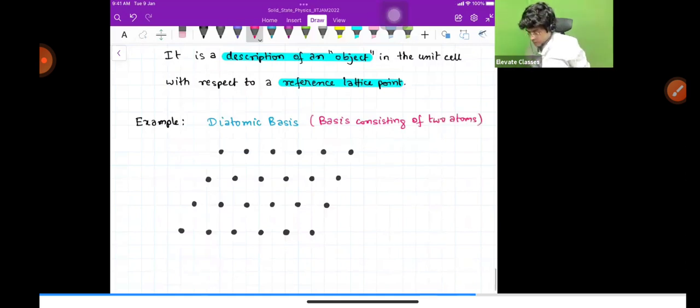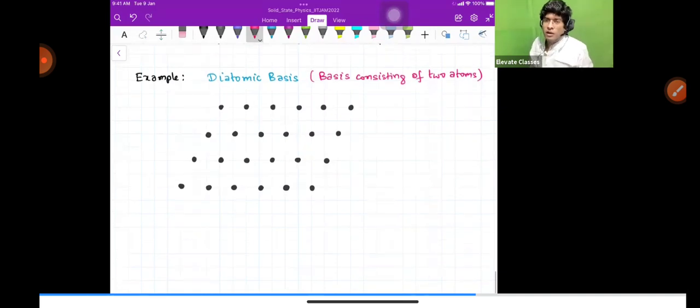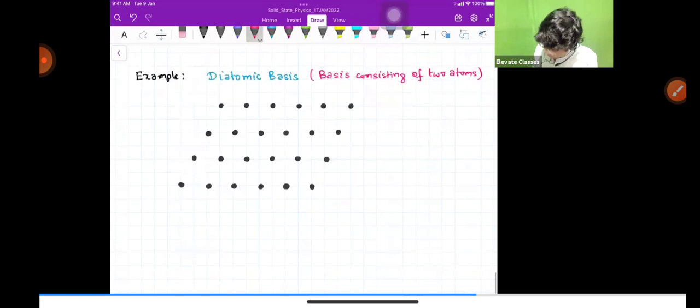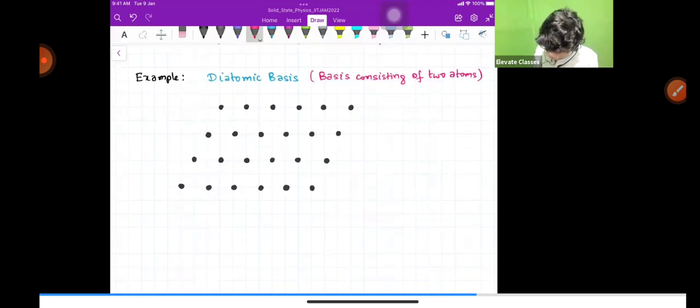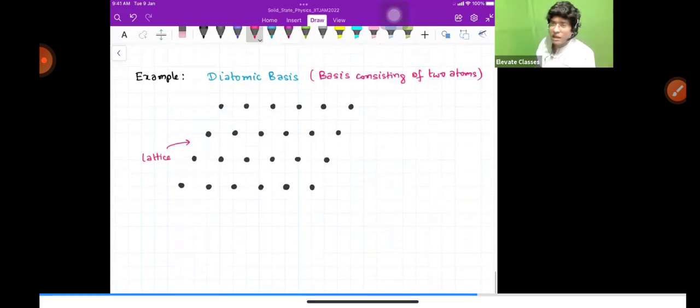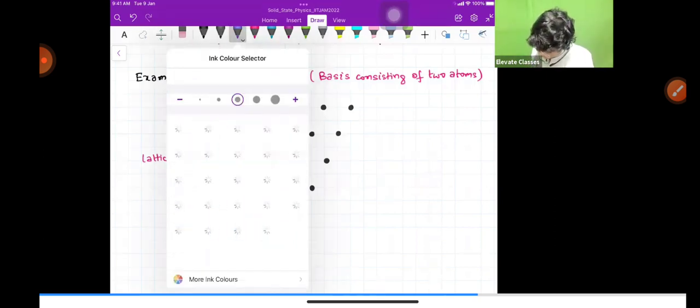Now, this is a lattice. I have given you the lattice. Now I give you a diatomic basis. It looks like this.